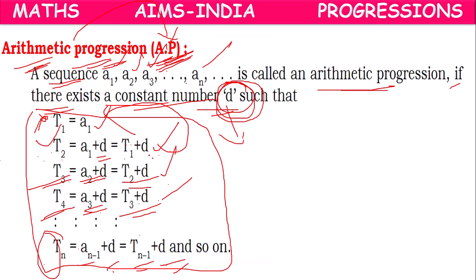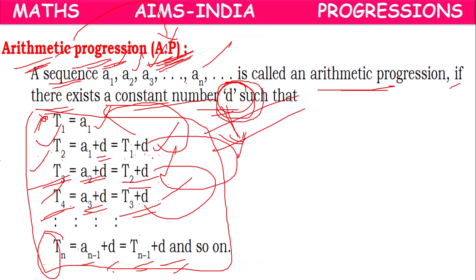By adding D to it, T1 plus D, it is equal to the second term, and the third term, T2 plus D, fourth term, T3 plus D. Like that, every number in the sequence except the first term is formed by adding the constant number D. So then that sequence is known as arithmetic progression, or in shortcut we can call it as AP.